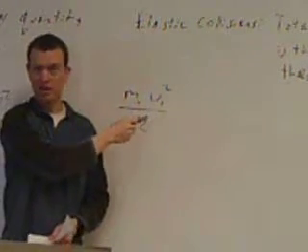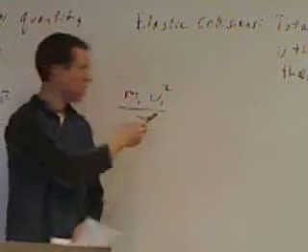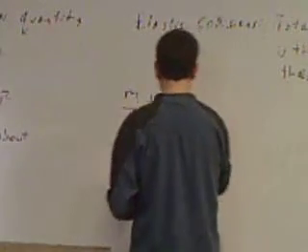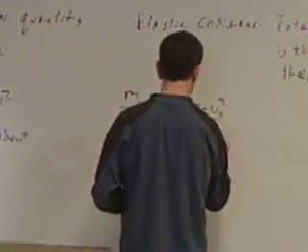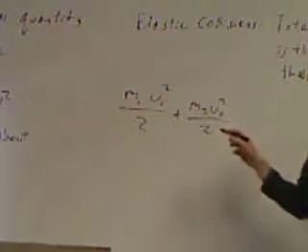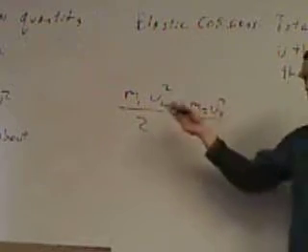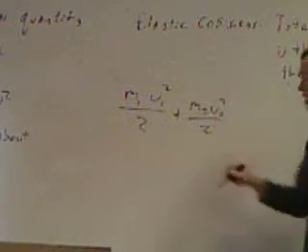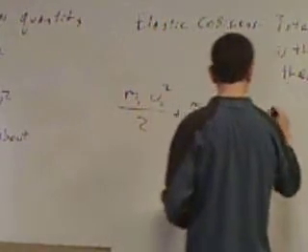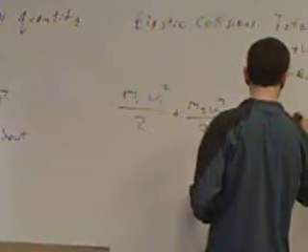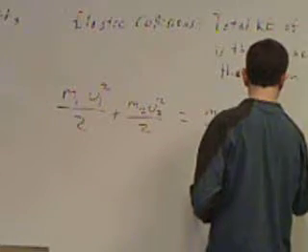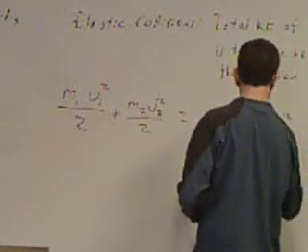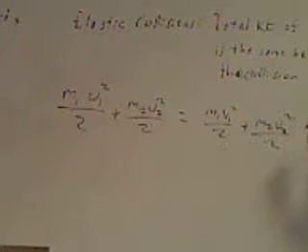Now I'm just talking about the magnitude of the velocity. So I have that plus m2 u2 squared over 2. So that's the kinetic energy before the collision, these were the velocities of these two things before the collision, equals m1 v1 squared over 2 plus m2 v2 squared over 2. So the kinetic energy is the same before and after in an elastic collision.